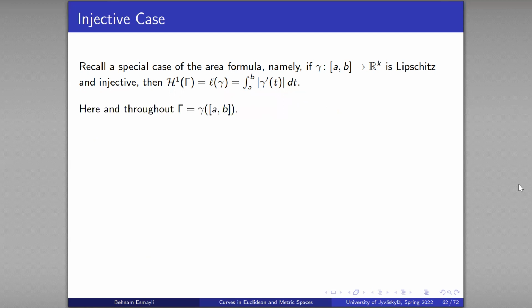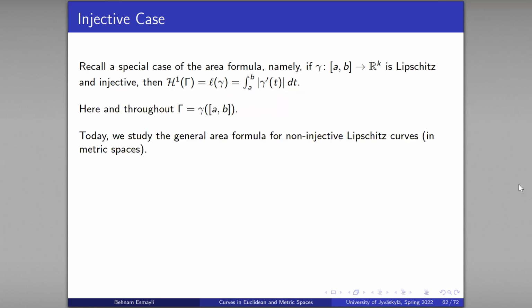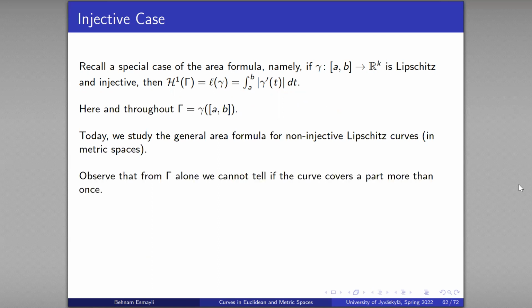We want to see today the case of non-injective Lipschitz curves. And moreover, we want to allow the target spaces to be metric spaces and not just Euclidean spaces. The image of gamma, which we will always denote by capital gamma, cannot tell us if a part of a curve has been covered twice.